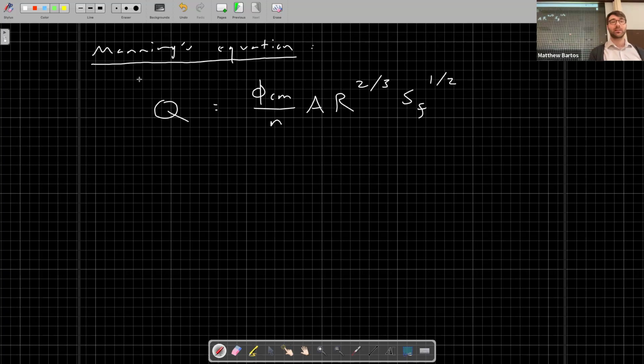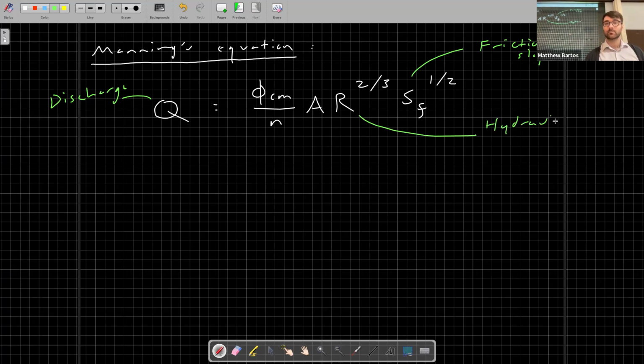So let me go through and explain each of these terms. This Q here is the discharge. SF is the friction slope. R is our hydraulic radius. A is the cross-sectional area.